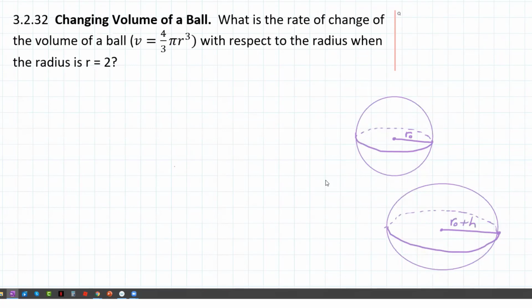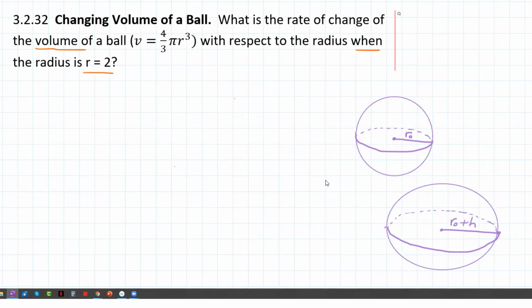Okay, now in this question, they're asking us at what rate the volume of the ball is changing when the radius is actually equal to 2. So it's not, for example, saying what's the average rate of change of the volume between when r is 2 and when r is 3. That would be a difference quotient, a slope formula.